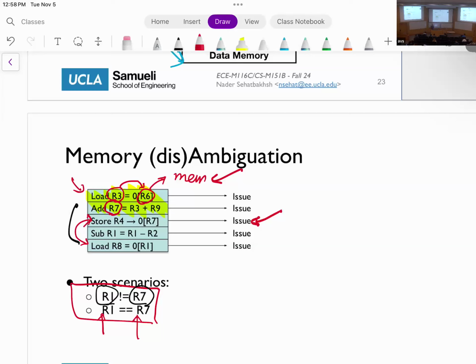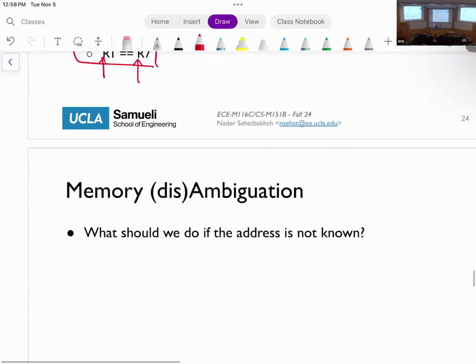At some point, I'm going to realize that I made a mistake, then I need to recover. But the great thing about this is that I never stall my processor. I never need to wait for this to come, because this might take many, many cycles. And trust me, there are lots of these scenarios in modern systems, unfortunately. So memory disambiguation is actually a very common and very complicated solution for this.